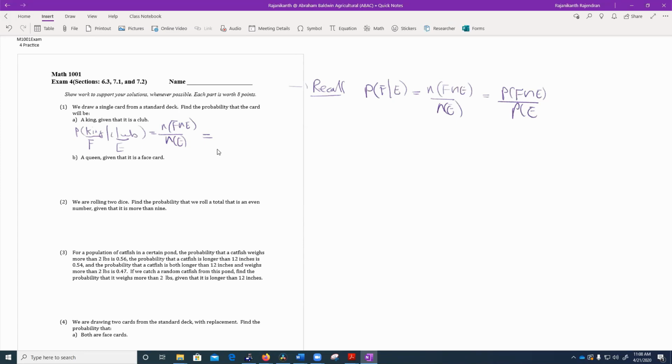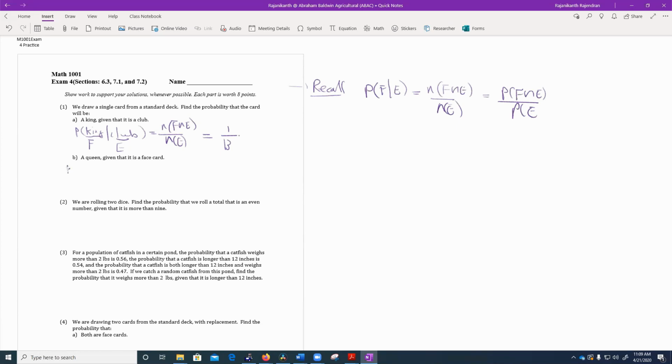So king of clubs is only one such card available, out of what? n of E, the number of outcomes from your event E. My event E is choosing a club. How many clubs are there in my card pack? There are 13 of them. So it is 1 over 13.